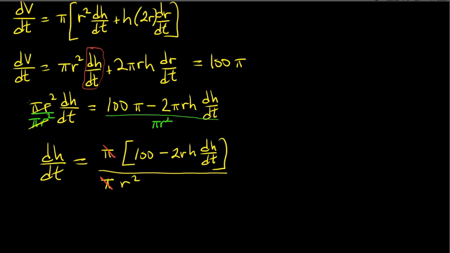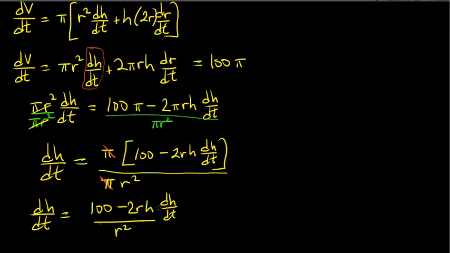Sorry, that was supposed to be a pi here. So what's left over is 100 minus 2rh times the derivative of r, all divided by r squared. Yeah, this is in the numerator here.